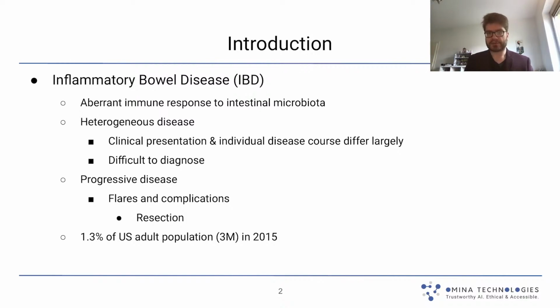The disease is also quite prevalent. At least the last time it was counted in 2015, it was shown that 1.3% of the US adult population suffer from this disease. Meaning that it's an interesting disease to study if we can predict these flare events, because if we can predict the flare events, instead of reacting to a flare and needing to resection the colon, we could potentially proact and give medication to suppress the flare event.